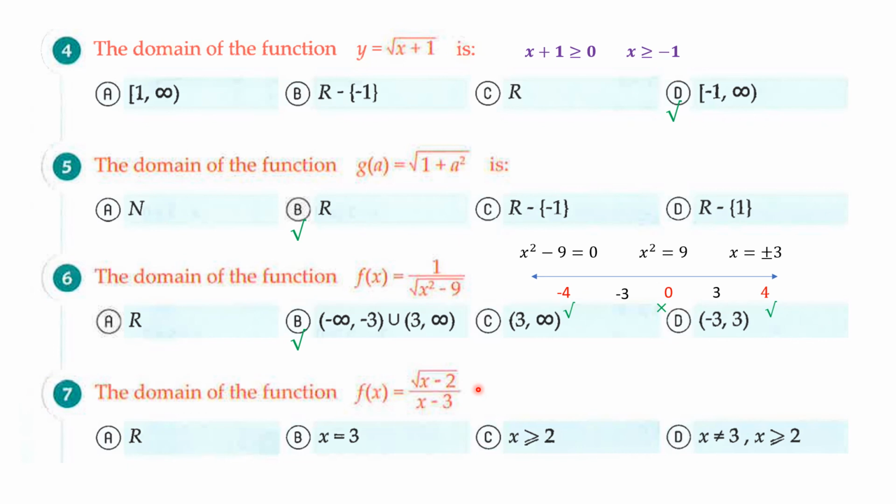So what? This and this are both right. Both of them are right. So the answer is D. According to the denominator, x cannot equal 3. According to the numerator, x should be greater than or equal to 2. Here I can use equal because it's in the numerator. Here I cannot use equal because it's in the denominator.